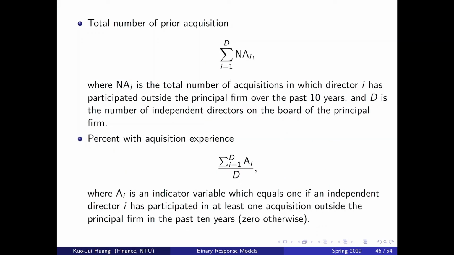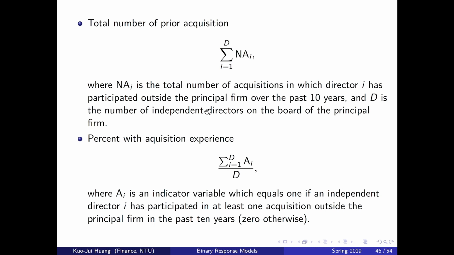The authors defined two experience measures. The first measure is called the total number of prior acquisitions, which is defined as the summation of NA over D. The NA is the total number of acquisitions in which director i has participated outside the principal firm over the past 10 years. And the D is the number of independent directors on the board of the principal firm.